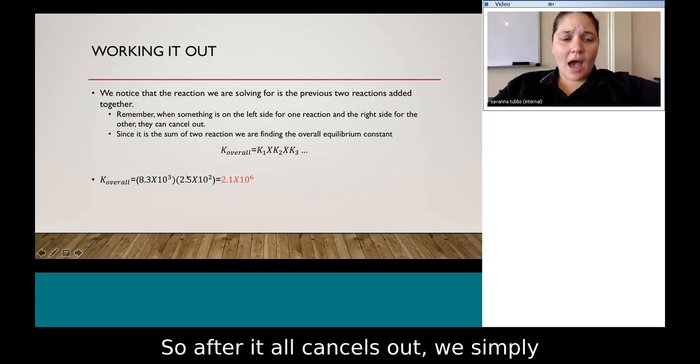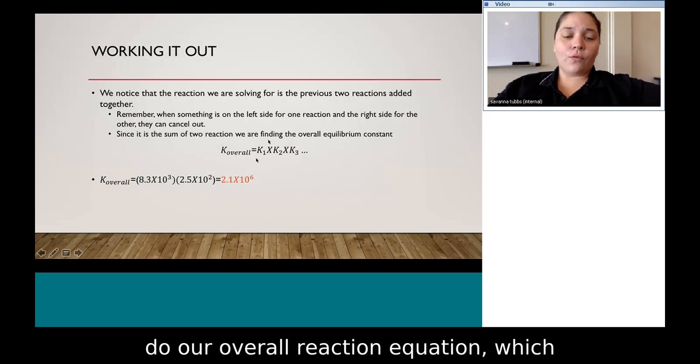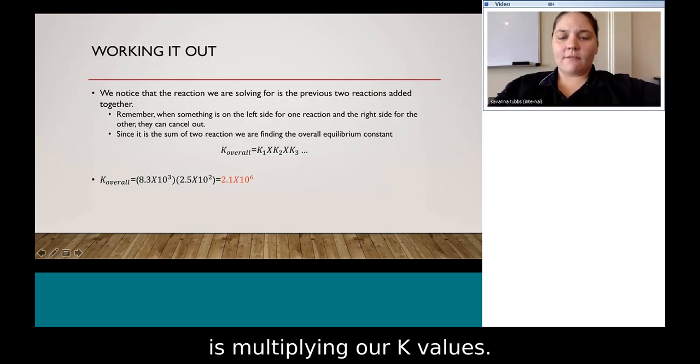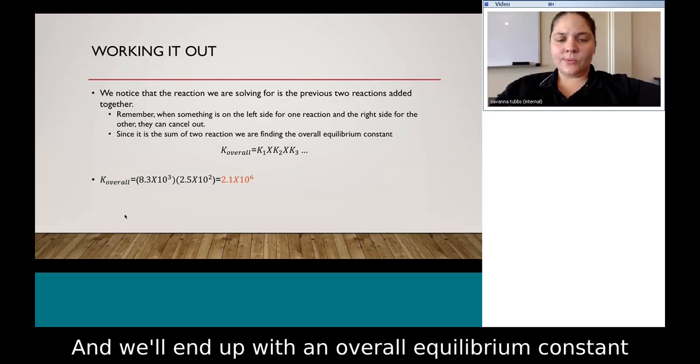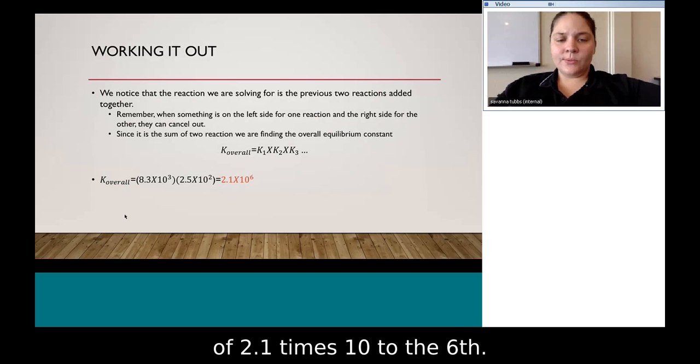So after it all cancels out, we simply do our overall reaction equation, which is multiplying our K values. So we do 8.3 times 10 to the third times 2.5 times 10 to the 2, and we'll end up with an overall equilibrium constant of 2.1 times 10 to the 6.